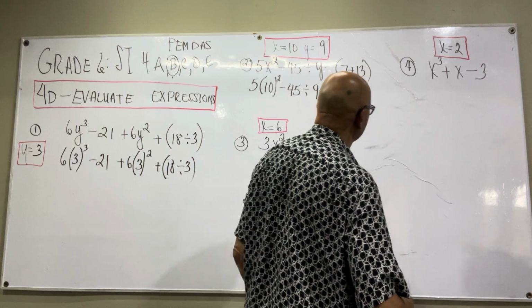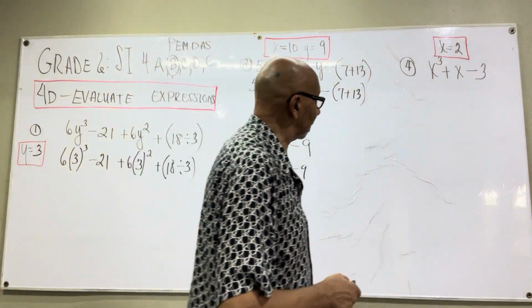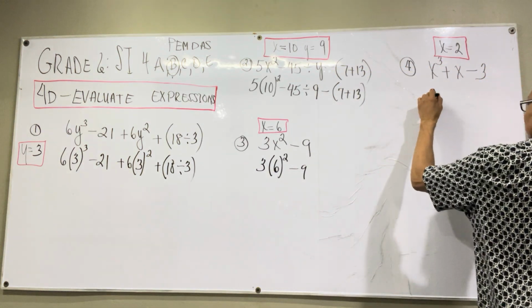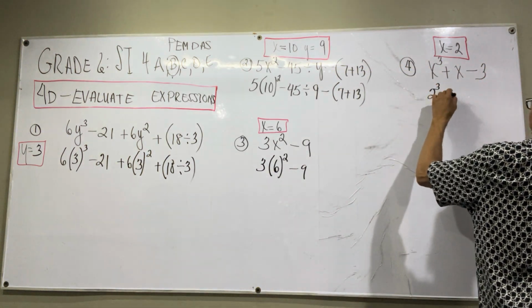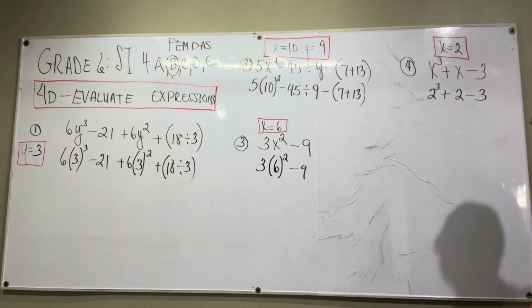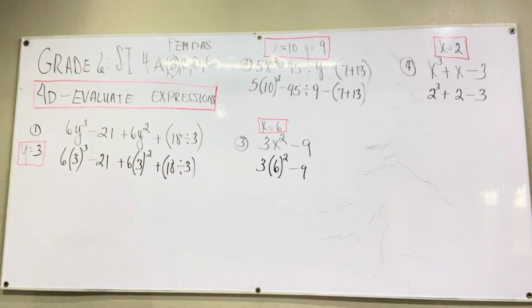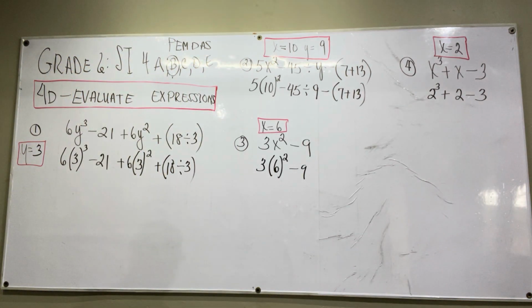That's what I would have. Here I put 2 in place of x, and I get 2 cubed plus 2 minus 3. So now I've done all this substitution, and now I just have to work out the situation.